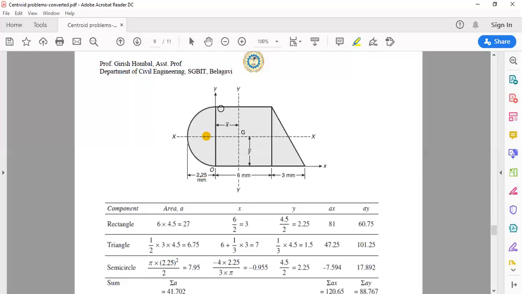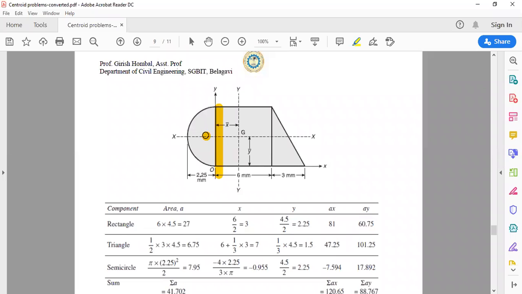the semicircle. X bar, I am going to calculate with reference to the y-axis. So the distance between the reference y-axis and CG: we see that this reference y-axis is coinciding with the diametrical axis of the semicircle, and the distance between the diametrical axis and CG is 4r by 3 pi, which has already been derived.